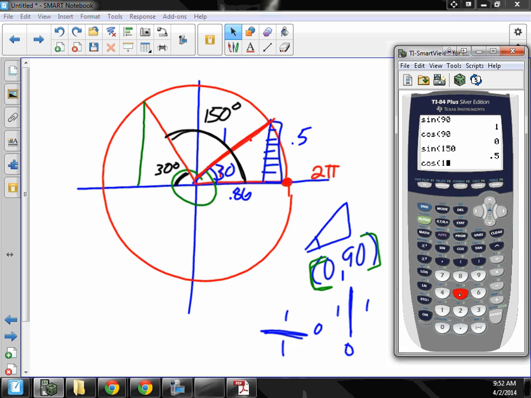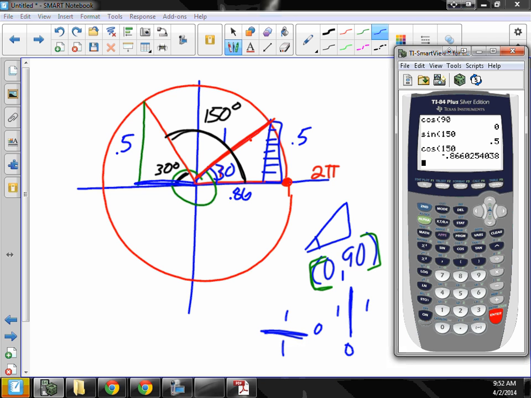Cosine of 150, wait a minute. Why is that? Why would the cosine be negative in quadrant 2? This height is 0.5. What is that length there? It's on the x-axis and it's on the left side, so it would be negative. So this would be negative 0.86.